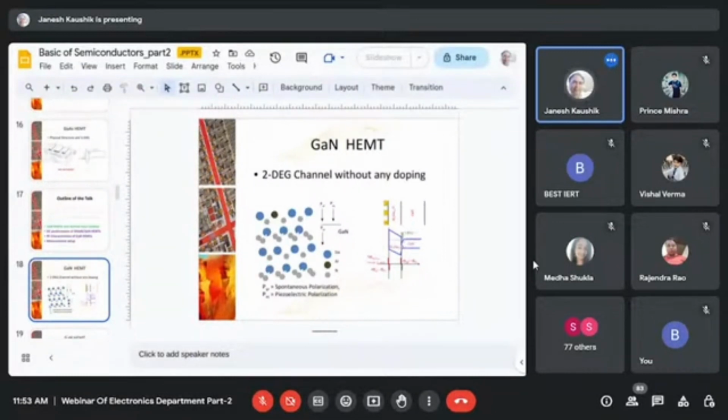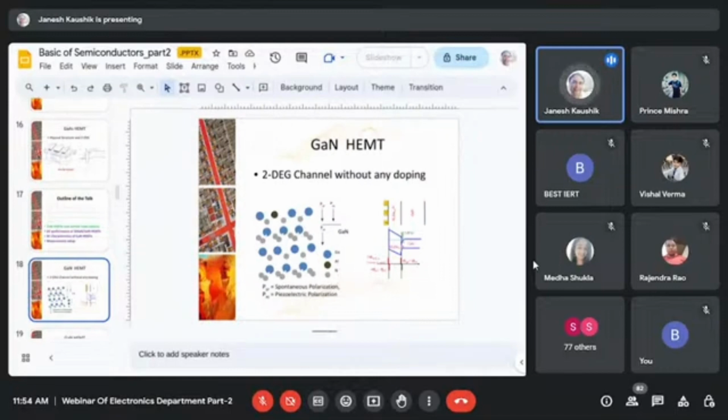We have not doped anything, but the theory proposed by Ibbetson is that the polarization charges present in the AlGaN layer, at the top surface of the aluminum gallium nitride layer, are compensated by the surface trap charge present on that surface that neutralizes the top polarization charges, and that gives rise to the electron 2DEG, two-dimensional electron gas, at that AlGaN-GaN interface.